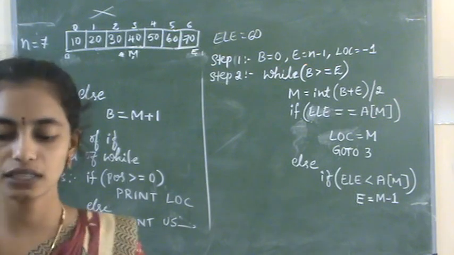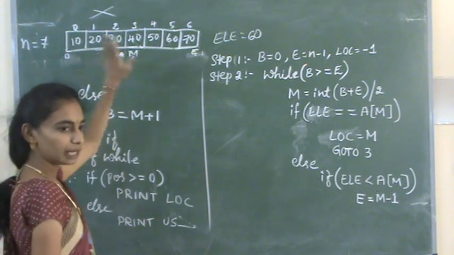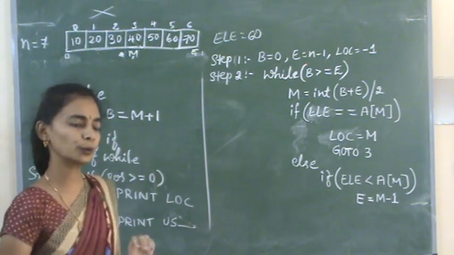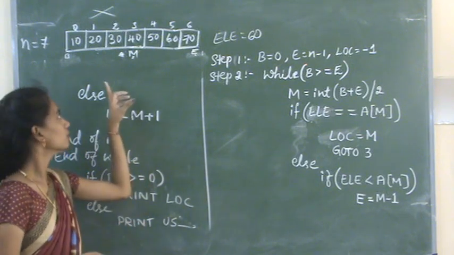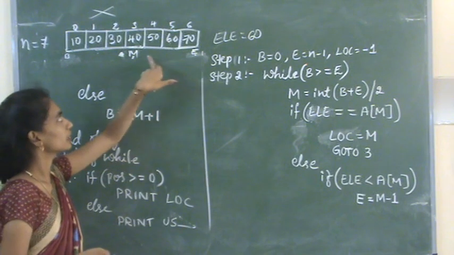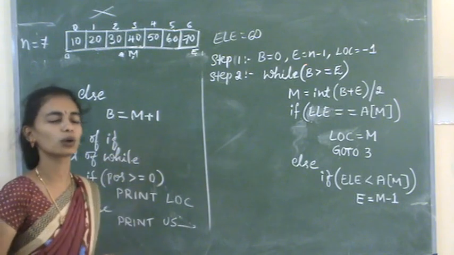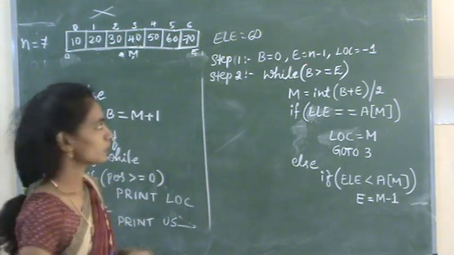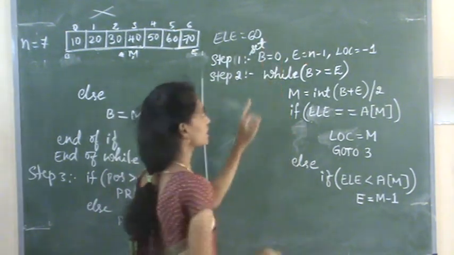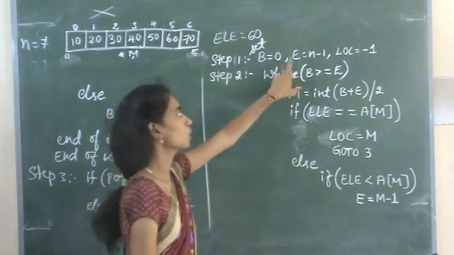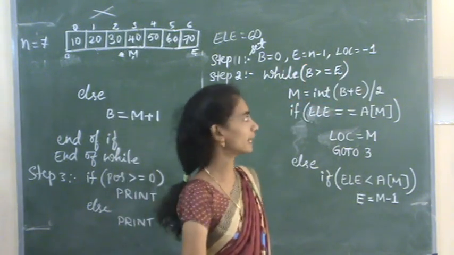So let A be the sorted array with lower bound LB and upper bound UB. And we set B, M, E as the beginning, middle, end of the locations of array A. So first step is we have to set B equals 0, E equals n minus 1 and location LOC equals -1.